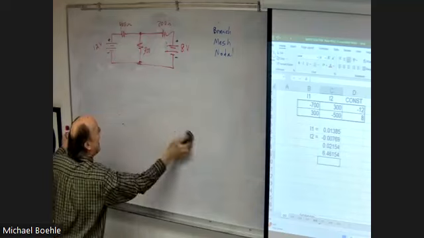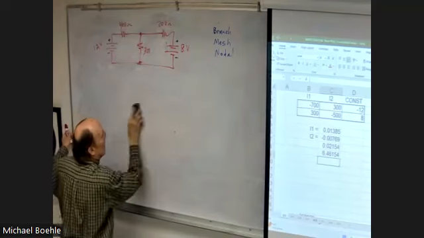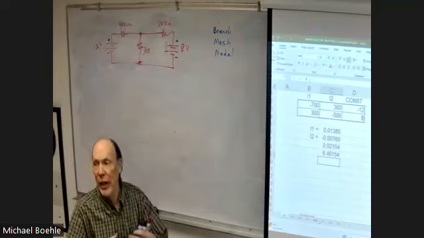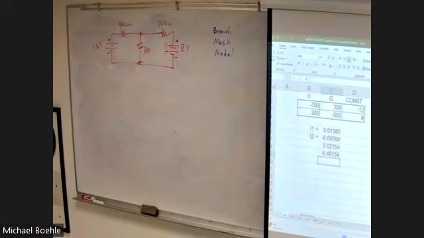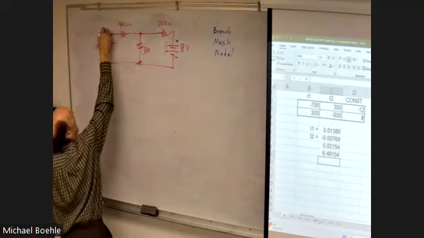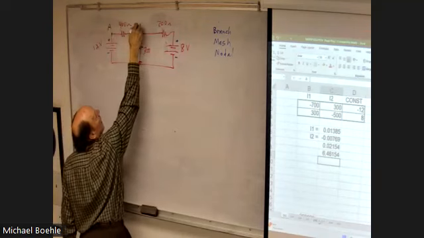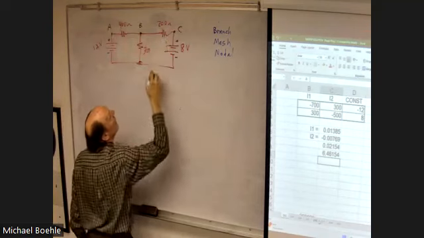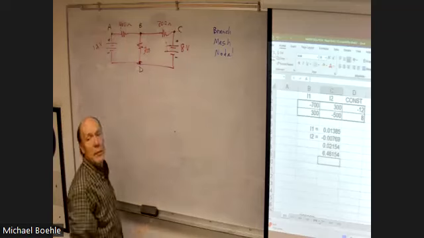So the first thing I'm going to do is label my nodes. As we said earlier, we have 4 nodes, right? I'm just going to call them A, B, C, and D.